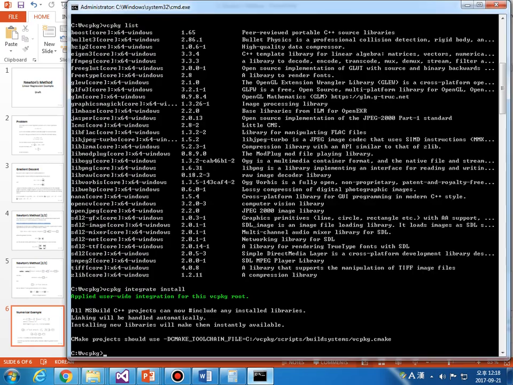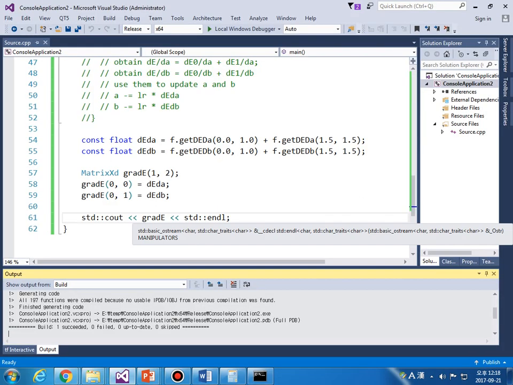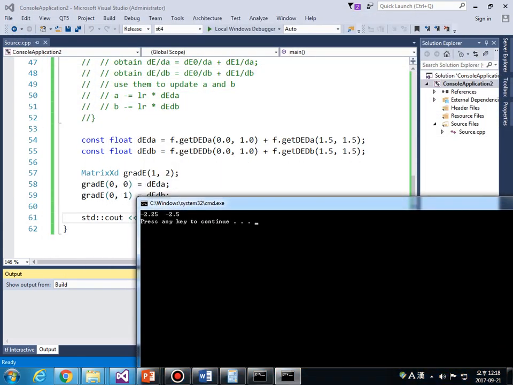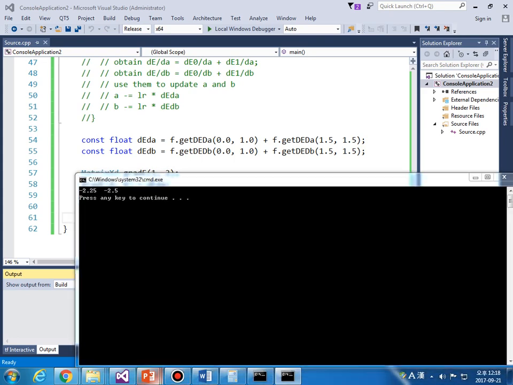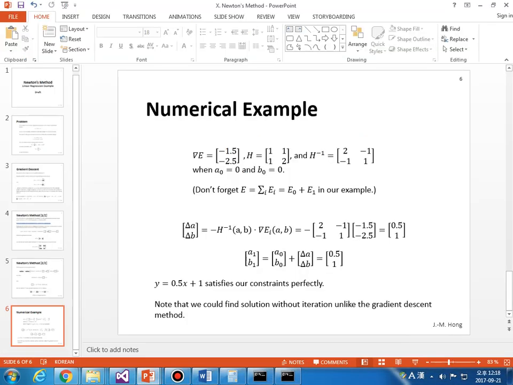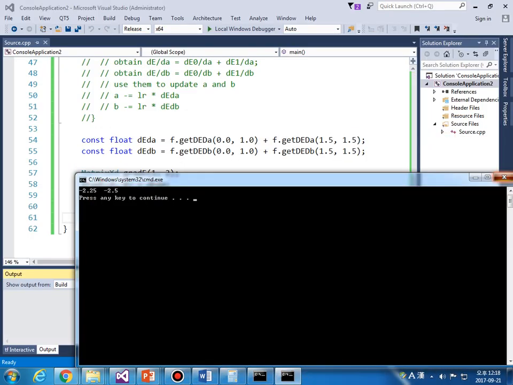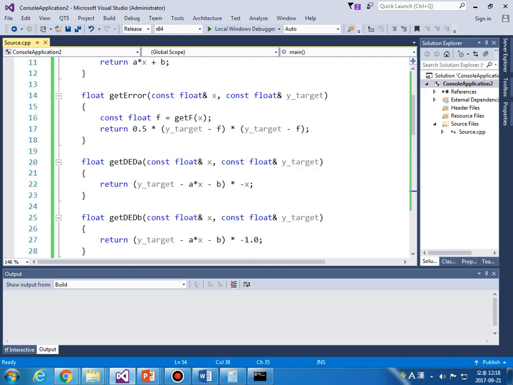Was it correct? Minus 1.5, 2.5. Something's wrong. Let's double check the code. Okay, so dE dA: y target minus ax minus b, minus x.